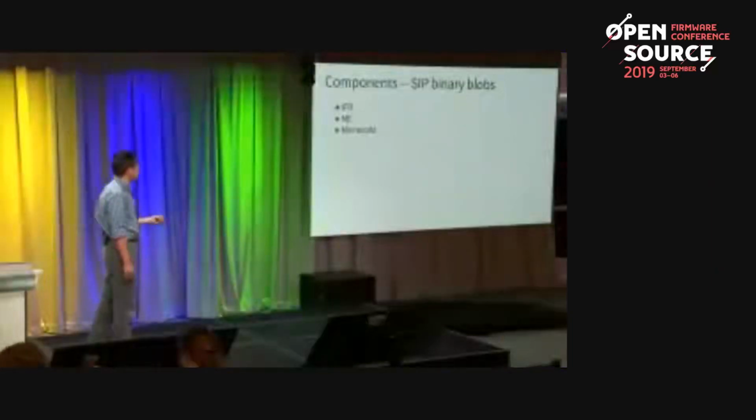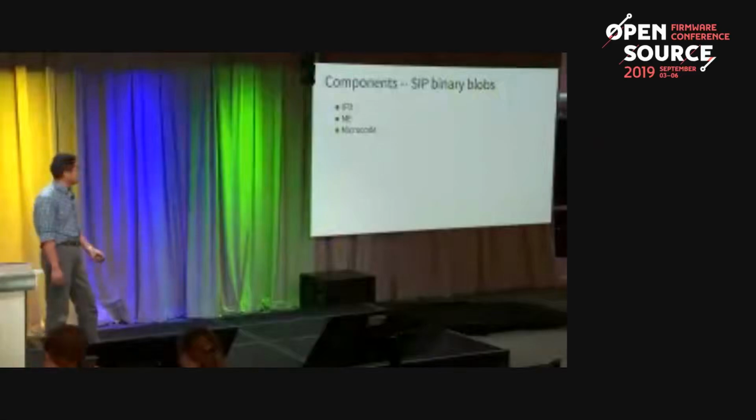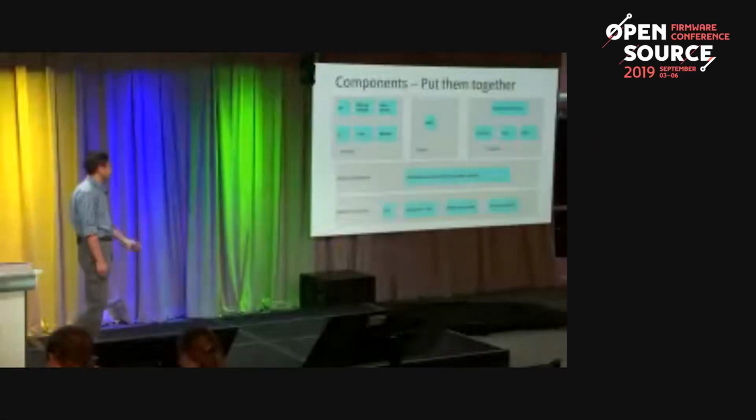It has its own Git repository. We also need to add FSP. To make a full firmware image, we need other silicon vendor binary blobs, such as IFD, ME, and microcode.